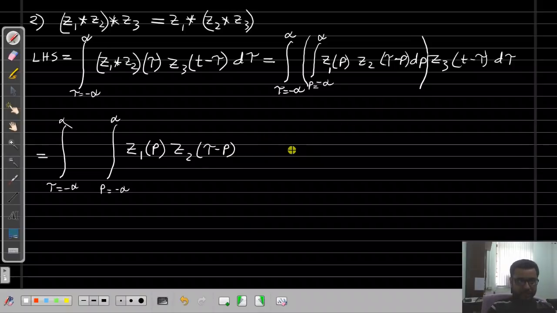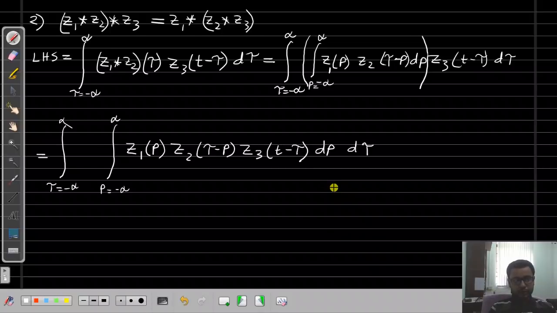I shall write dp here, and then you notice that this term z3, which is outside this inner integration, can be put inside this inner integration, because this is a constant with respect to p and the inner integration is with respect to p. So I shall put it inside without any harm. So I shall write z3 of t minus tau inside, dp and d tau.